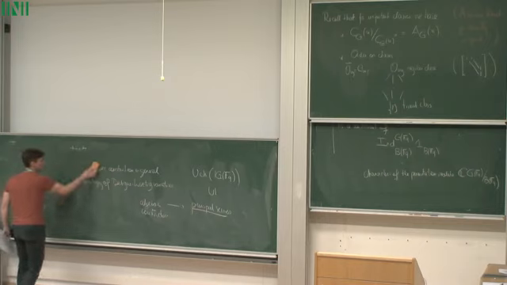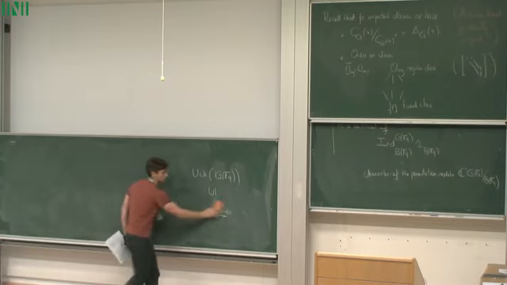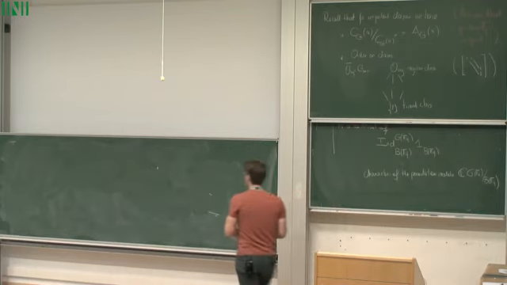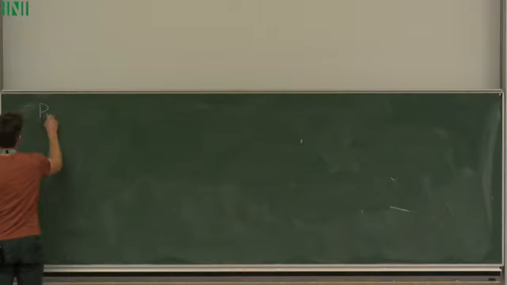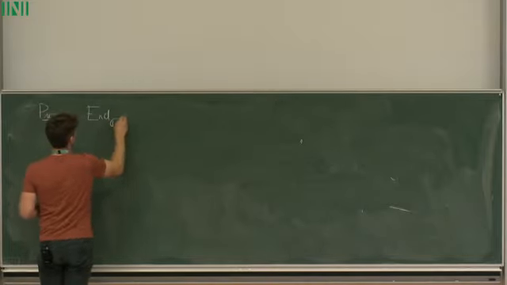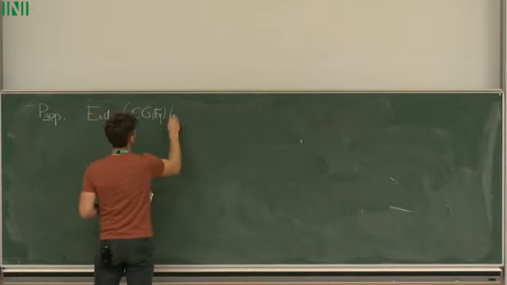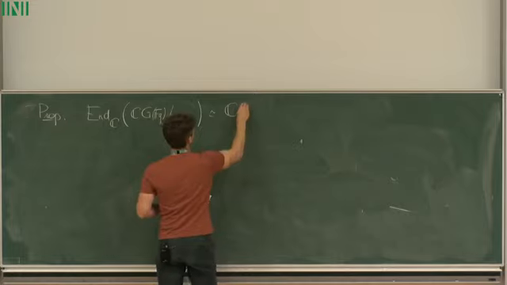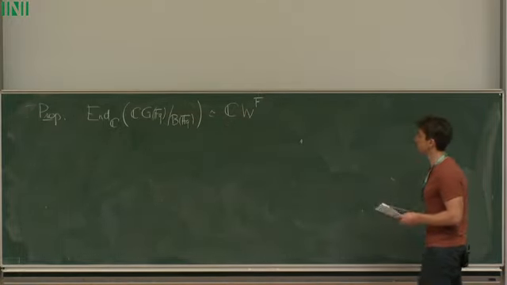So I have a module that I want to decompose. For this, I should look at its endomorphism algebra and try to study its representation theory. And here it becomes quite simple, and it's related to the Weyl group again. The proposition is that the endomorphism algebra of this module is isomorphic to the group algebra of this finite Weyl group. Okay.